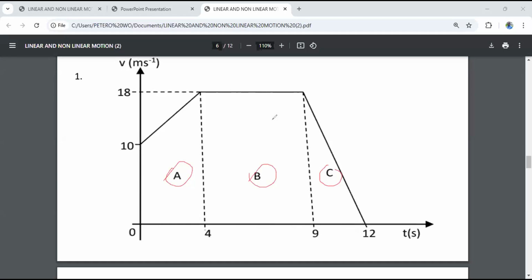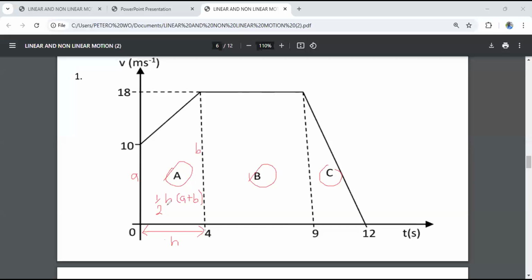Now, each of these ones has a formula which we use to get its area. For a trapezium, we use a half times the h. Now, the h is this one here. This one is the h of a trapezium. Then we have in two brackets, A plus B. Now these ones can be A and this one can be B.